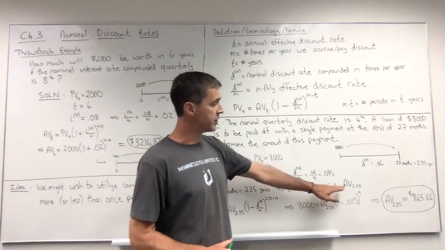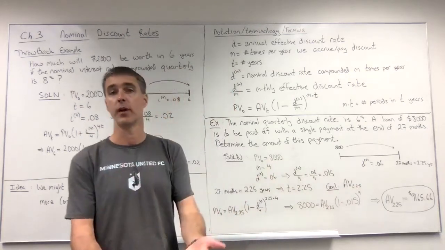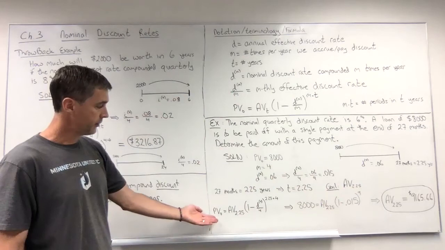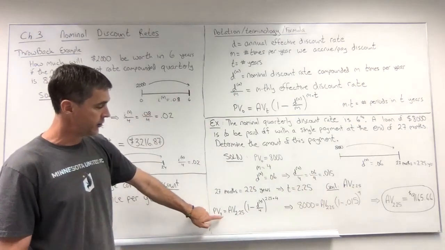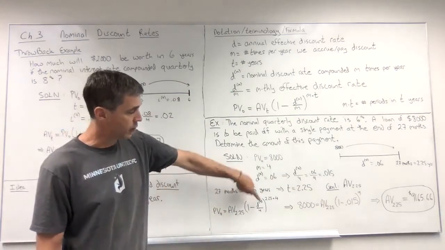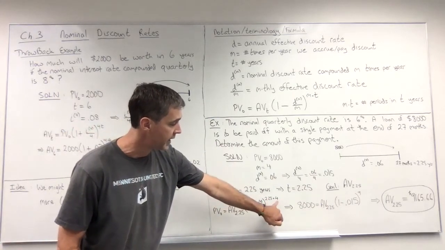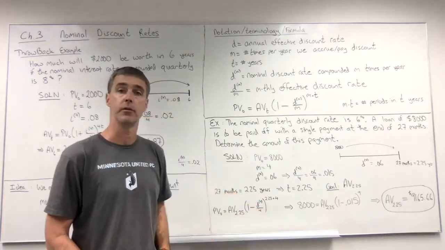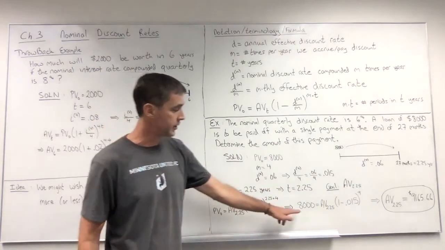My goal is to figure out the accumulated value at time 2.25, because that's what I have to pay back. Down here is the formula from up above. Present value is equal to the accumulated value at time 2.25 times (1 minus the quarterly discount rate) raised to the number of years times 4, so 2.25 years and 4 quarters in a year. Present value is 8,000.